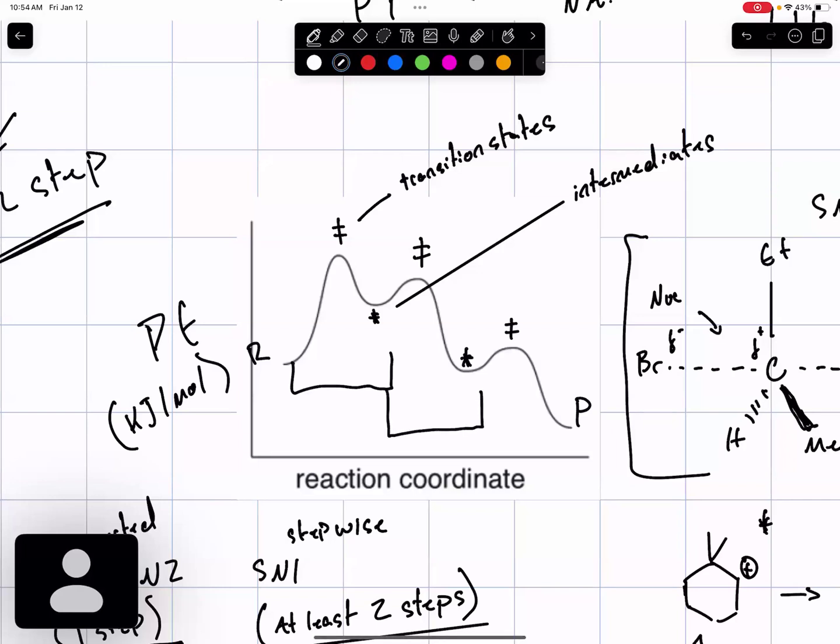Here, another step. Here, another step. So do we all see that? 3 steps in total? Yes. This has 3 steps, 3 transition states, and 2 intermediates.